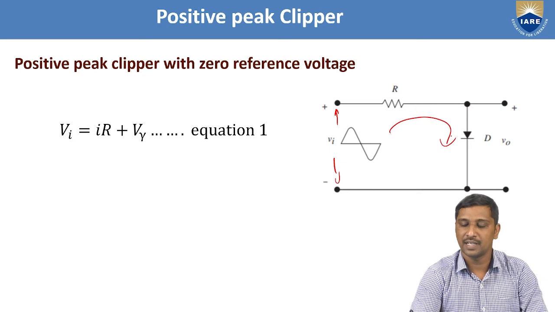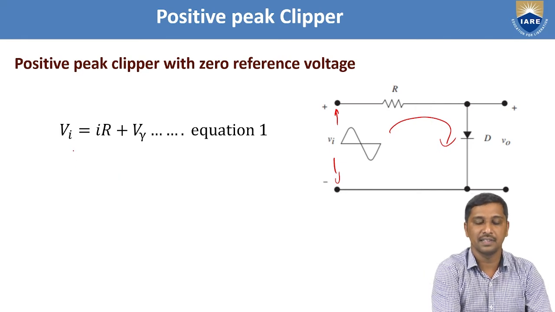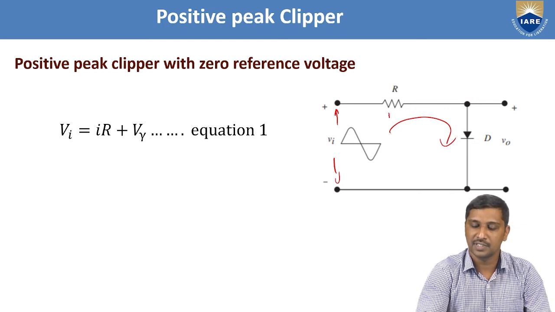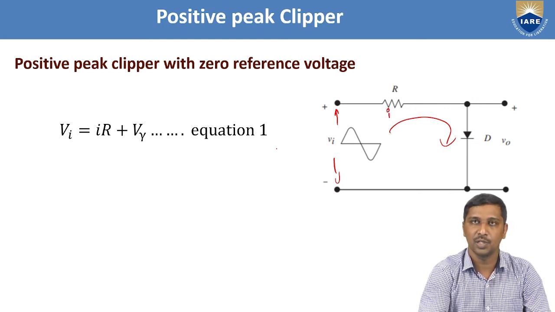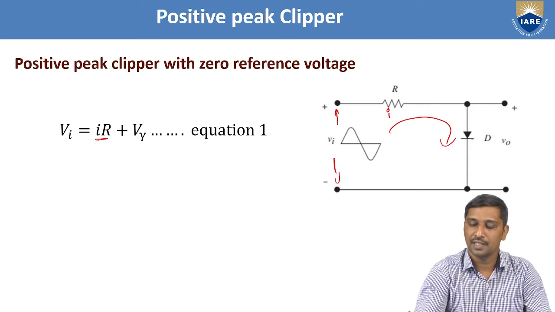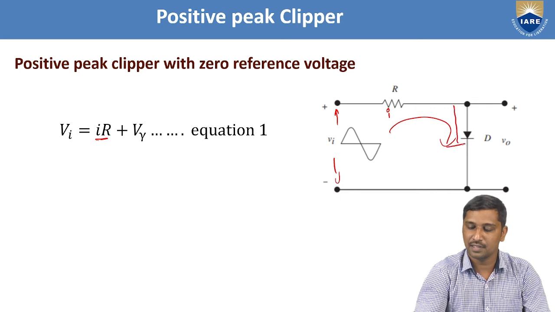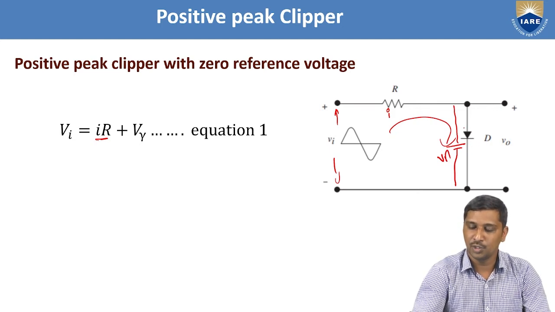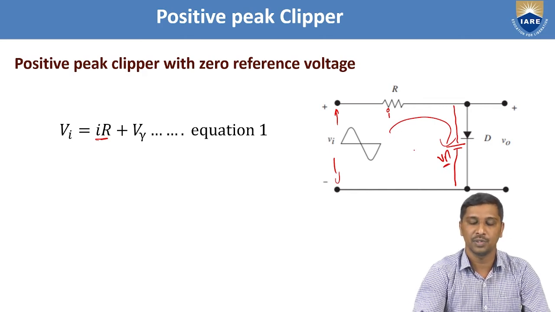When the diode is forward biased, the input voltage is represented as, the current flowing is I, so V is equal to I into R. Hence Vi is equal to I into R, along with, under the practical circuit, when the diode is forward biased, the diode is replaced with the equivalent model. This is the equivalent model. So what is this equivalent model? This is V gamma. Hence the voltage across this diode is represented as your V gamma, the cut-in voltage.